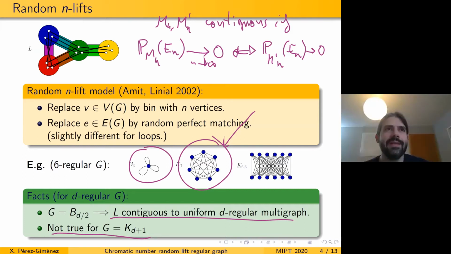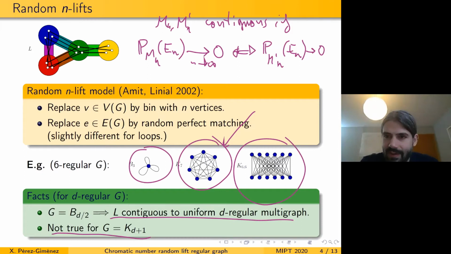I don't think that was the origin of people looking, because I think that's fairly easy. An easy first moment argument shows that a random d-regular graph is not a lift of K7 or of this.